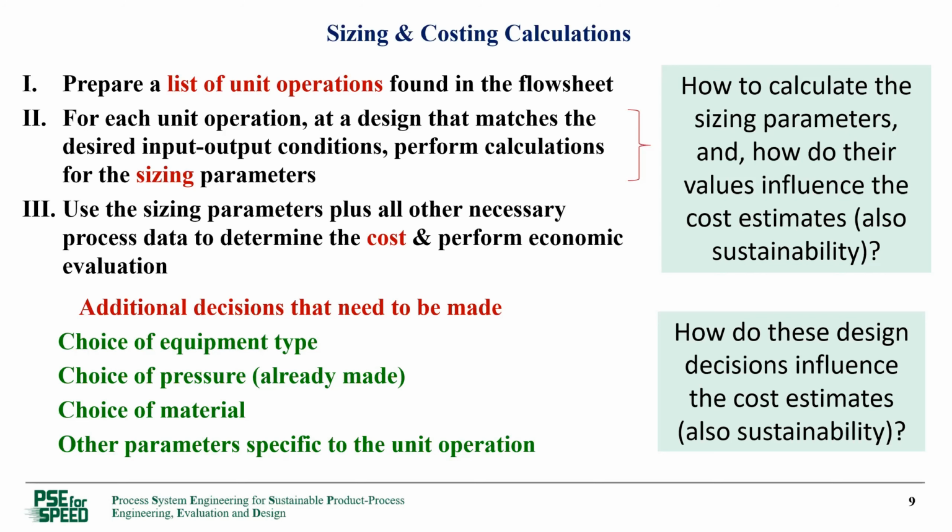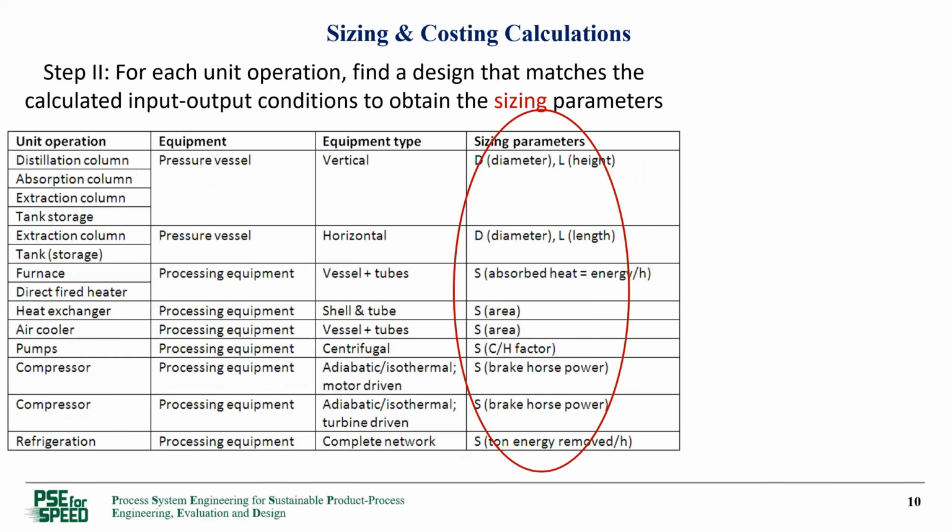So there are lots of other important things that need to be considered, which are not really included certainly in any software, but the design decisions need to be made. So here is a list of some of the unit operations, and you see what kind of equipment they are, classified as what type of equipment, and then what are the sizing parameters.